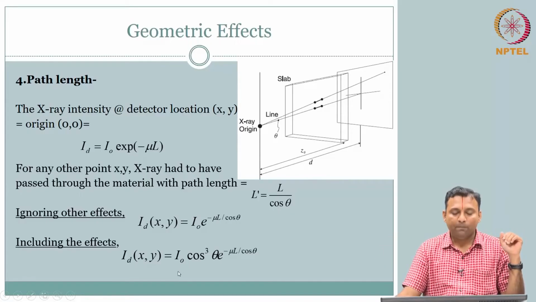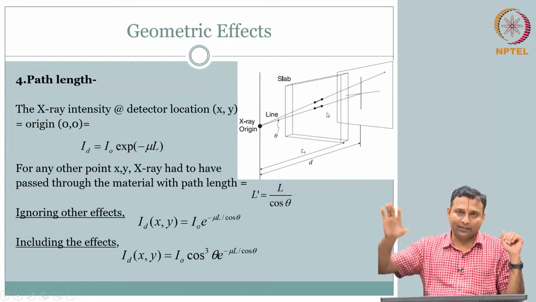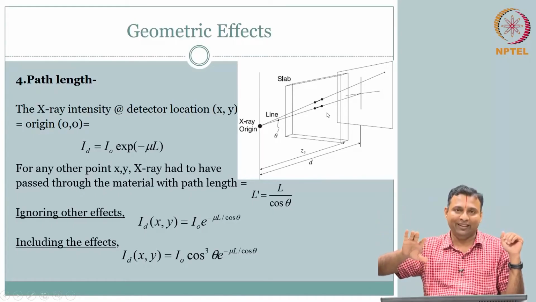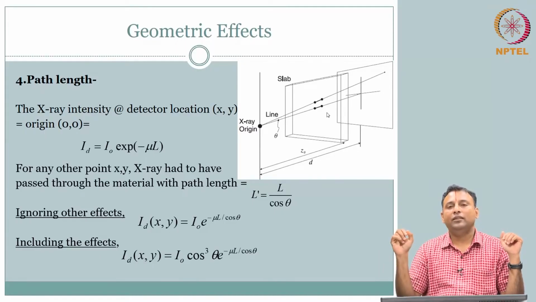But what do you see? You are going to have a high value at the center. As you move away from the center, the value is going to reduce because your path length is increasing. So what should supposedly be homogeneously one color, say homogeneously white, white being the highest value, how is the image going to look?